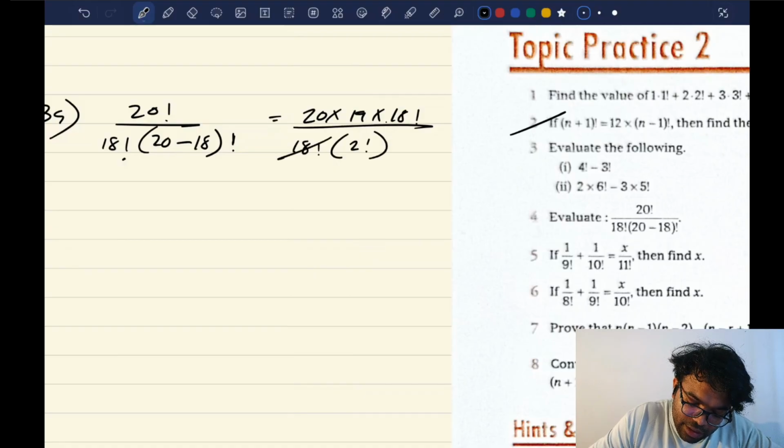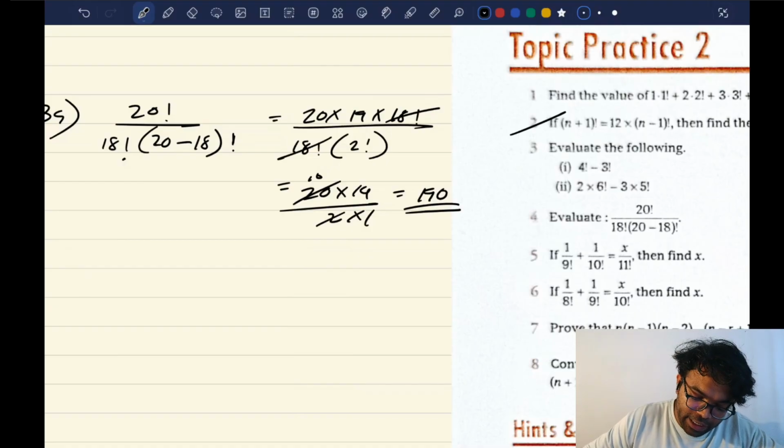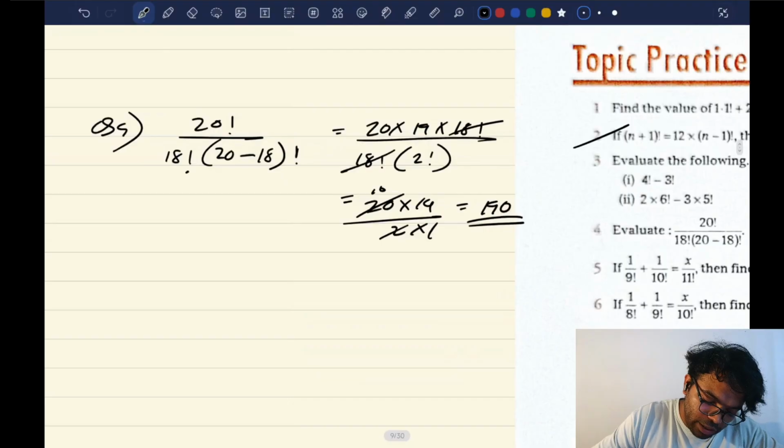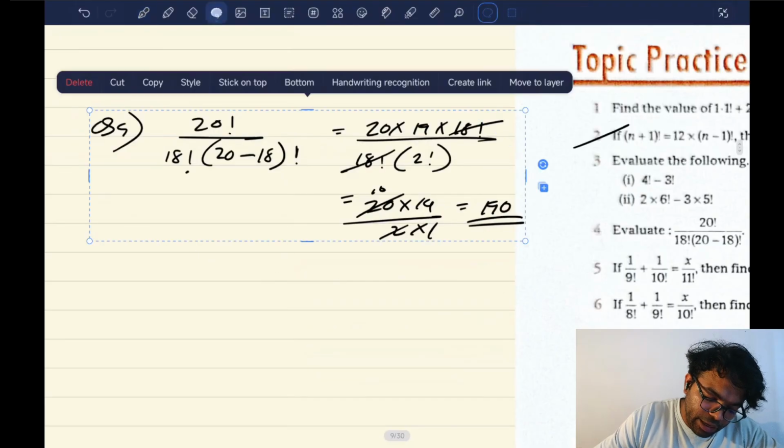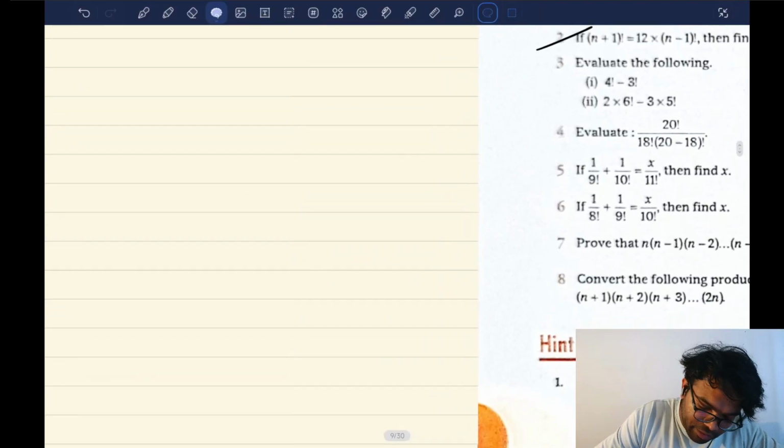So this and this get cut off. So 20 into 19 upon 2 into 1. So you'll get 10, 190. Is the answer 190? Did you also get 190? Okay, very good. Try solving it before me, Drupad. I want you to be faster than me.